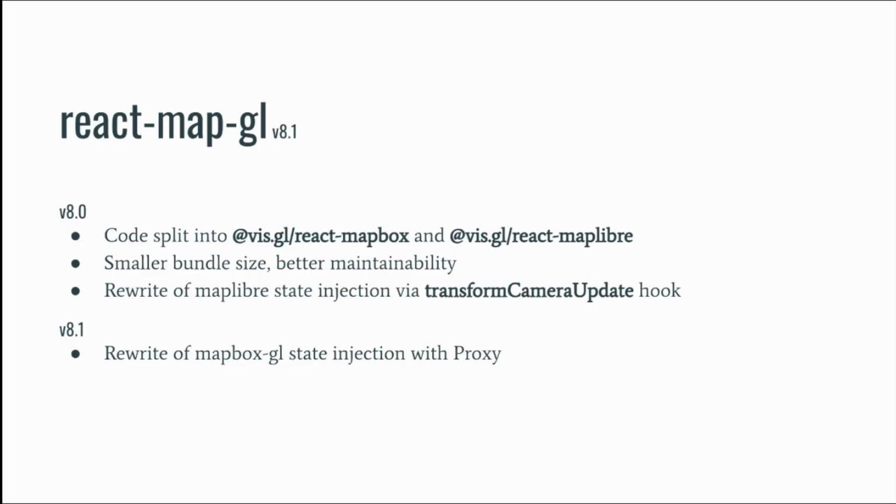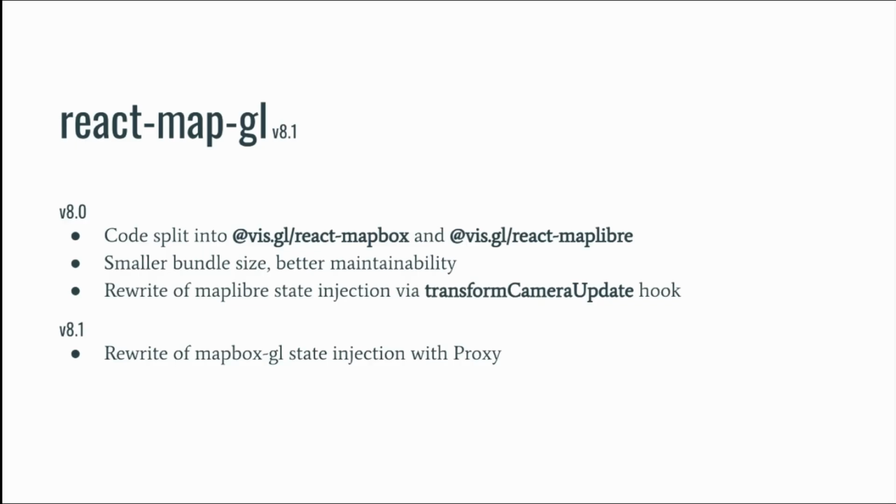The Mapbox wrapper had a rewrite, and we tried a different approach. Instead of having two camera state transforms and swapping one of them in at the time of rendering, we tried a proxy approach where we just intercept state changes and do things accordingly.